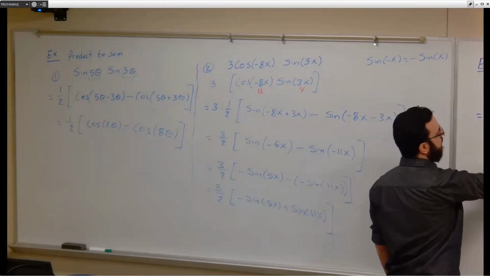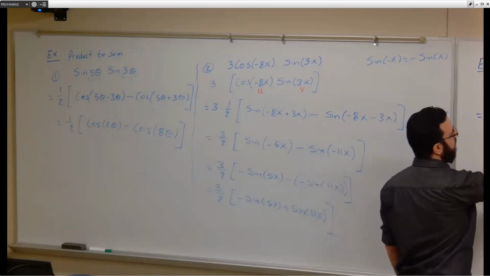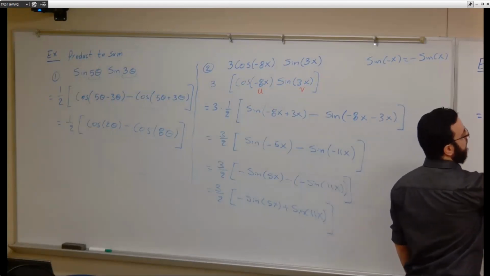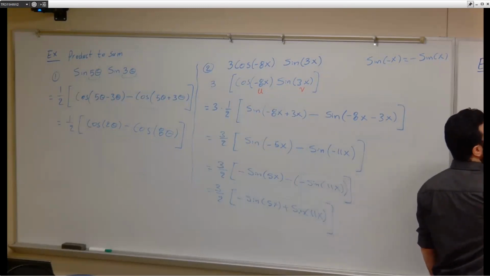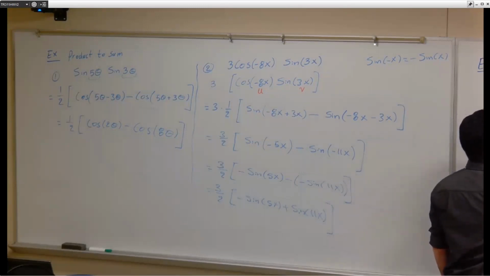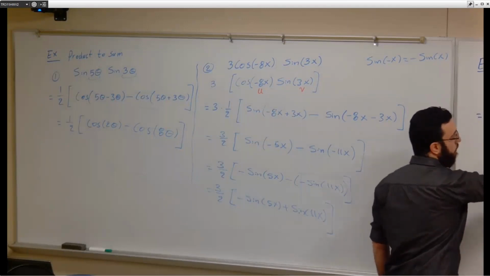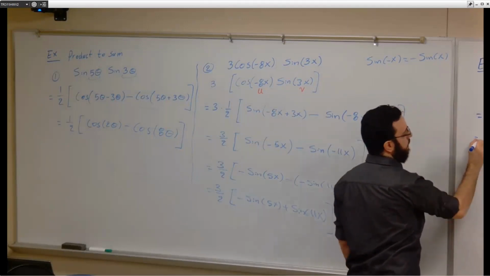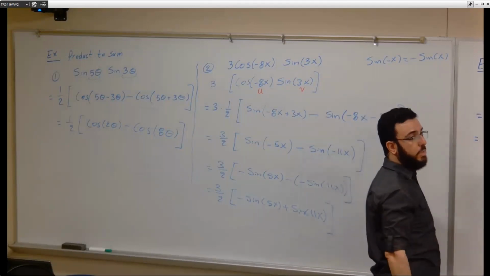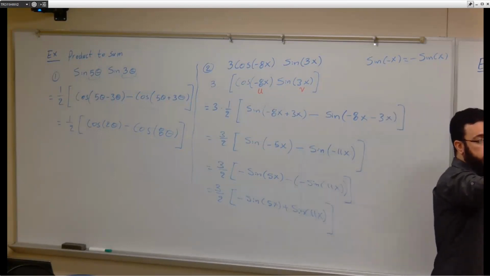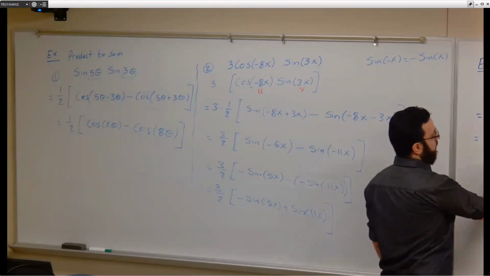What's left here? Sine 3 theta plus sine theta. Now, can I use the formula on this part? Here's the 2. Don't forget that, because with the formula, you also have a 2 times.